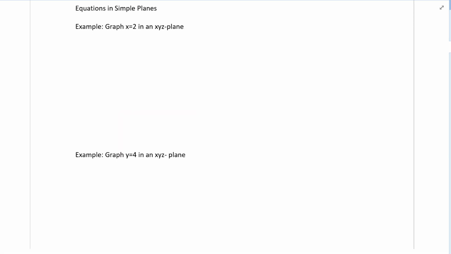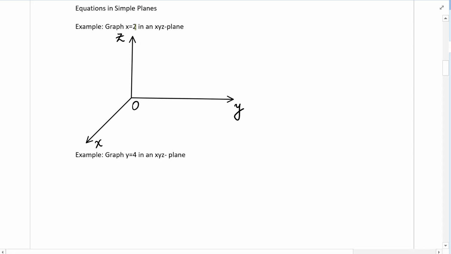Now let's graph some equations. We have the plane XYZ, and we want to graph x equals 2. So x equals 2 would be here, and that means y and z can have any values. x can be only 2, but y and z can be anything.